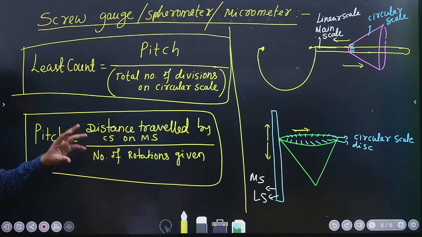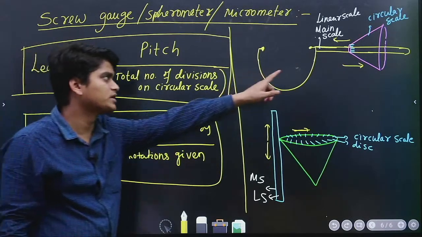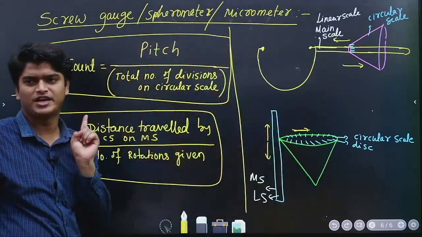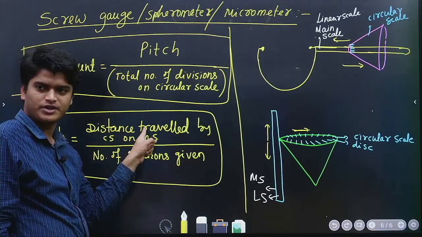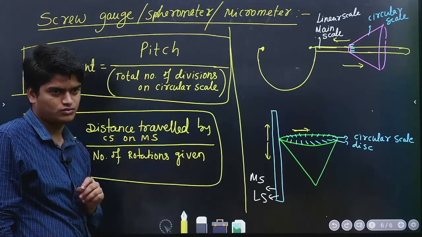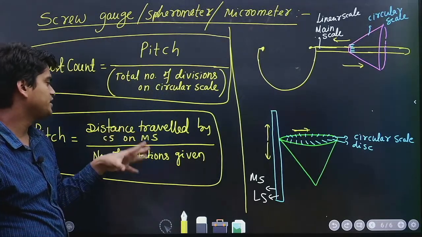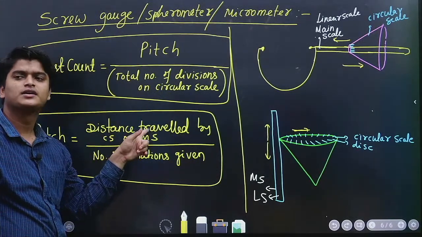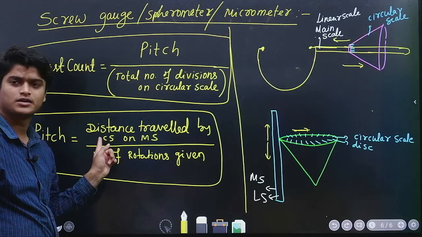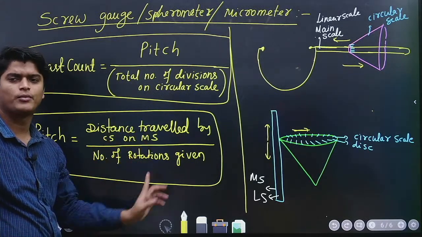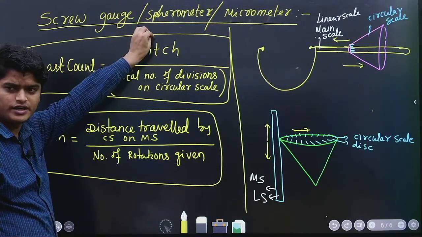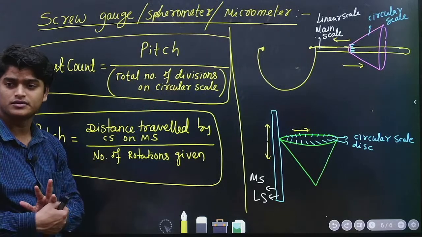Suppose in 2 rotations it goes 1 millimeter, then distance traveled 1 millimeter divided by number of rotations 2. Suppose it goes 5 millimeter for 6 rotations, then 5 millimeter divided by 6 rotations. Easy or not? After finding this, substitute it and divide by the total number of divisions.